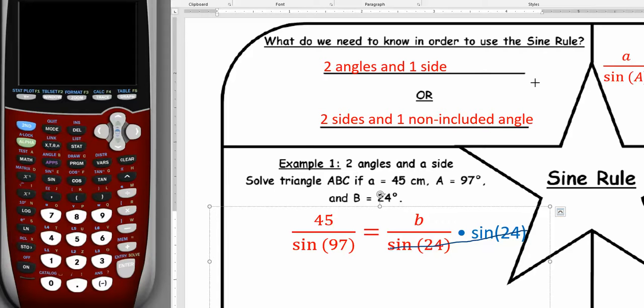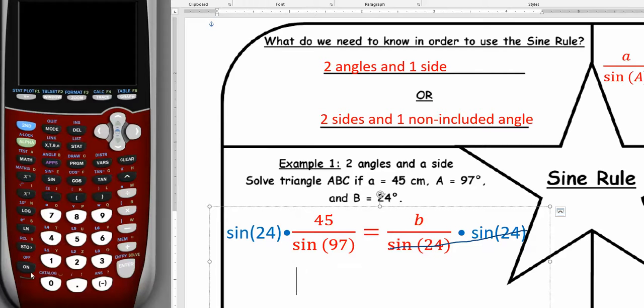Then we have to do the exact same thing to the other side of the equation, multiplying by sine of 24.